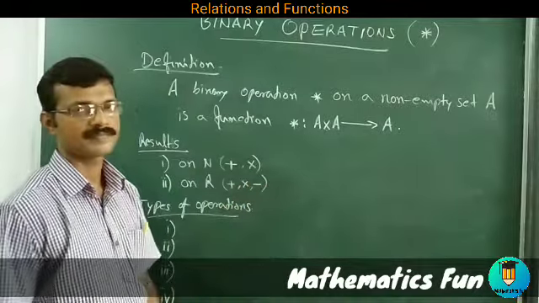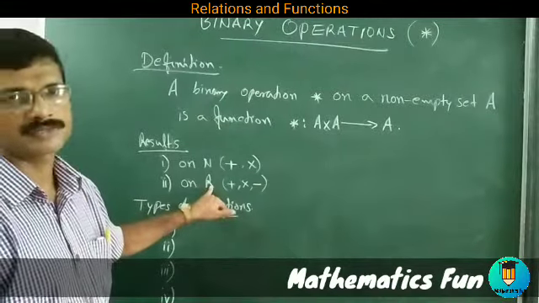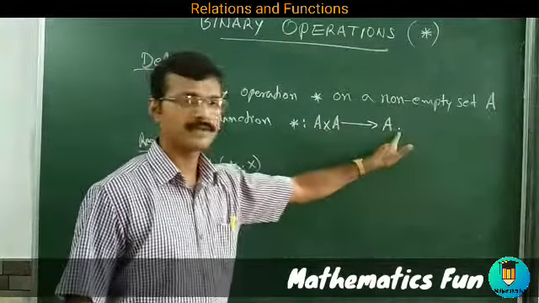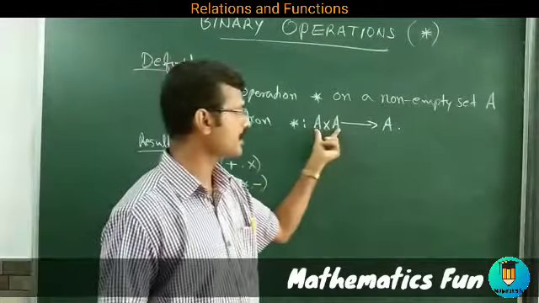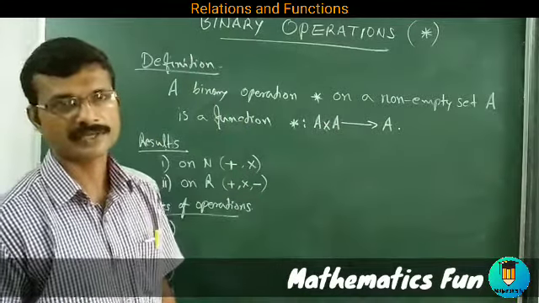Now another case: real numbers. Here R cross R to R will come. The sum of two real numbers is always a real number, so addition is a binary operation.